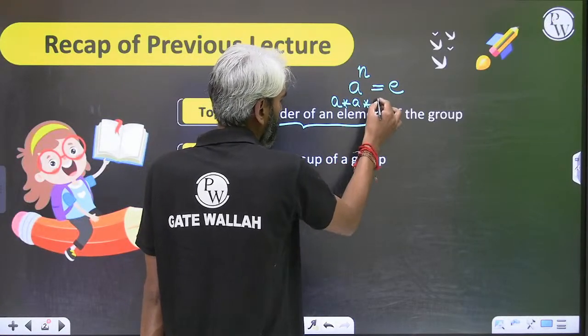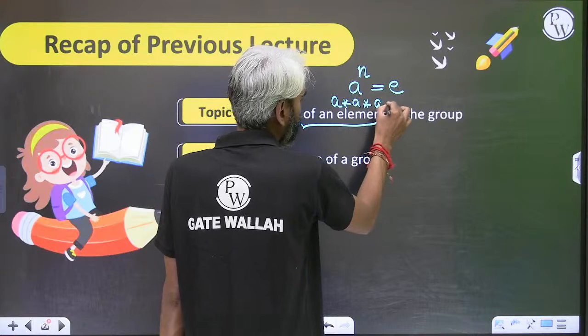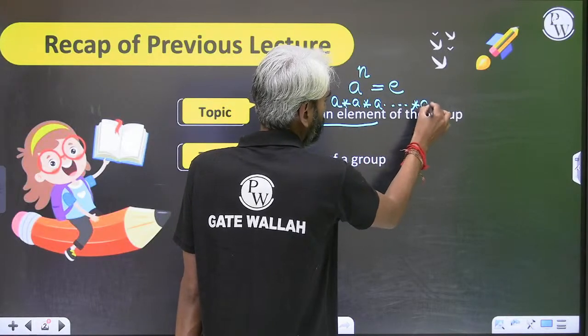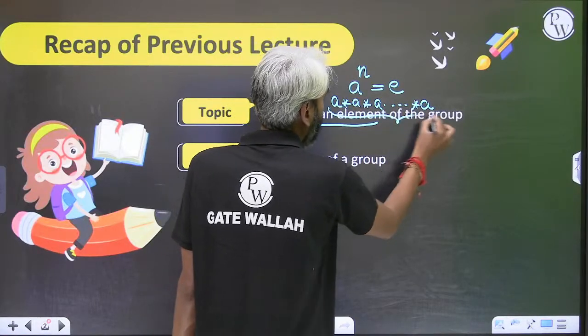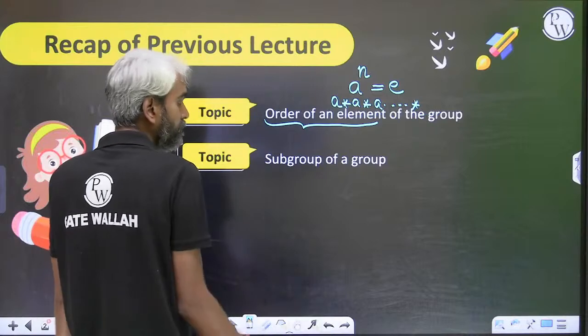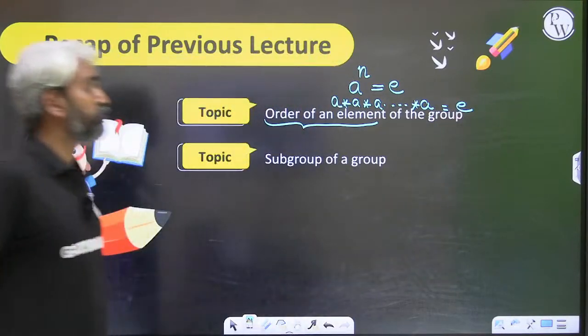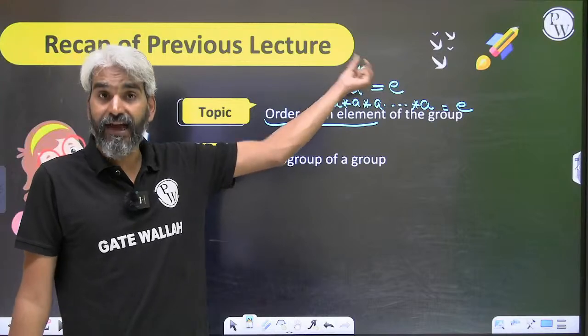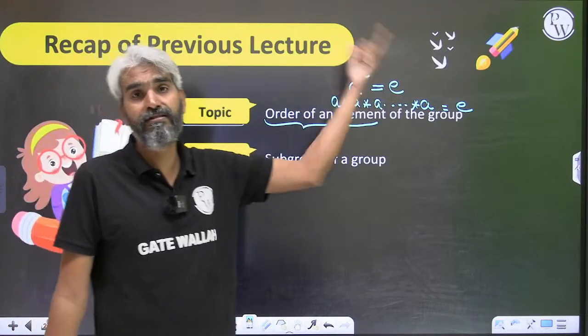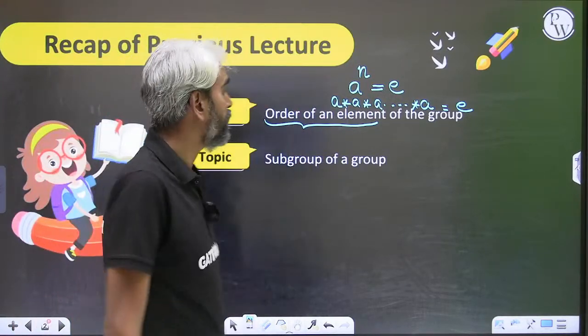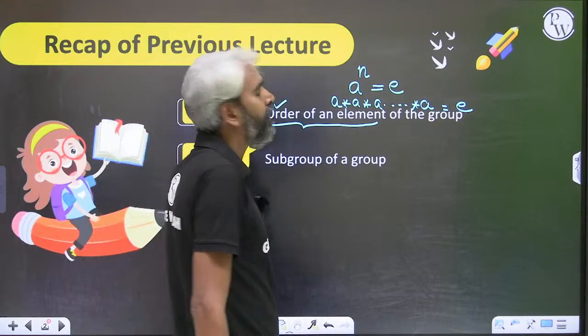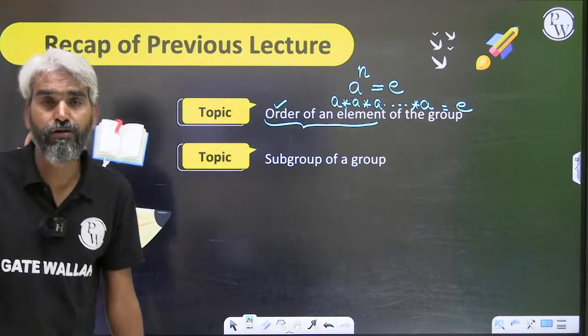It's not power of A, it's actually the binary operation performed on A n times, and that should equal the identity element. So the least positive integer n such that A raised power n results in the identity element is called the order of that particular element of the group.